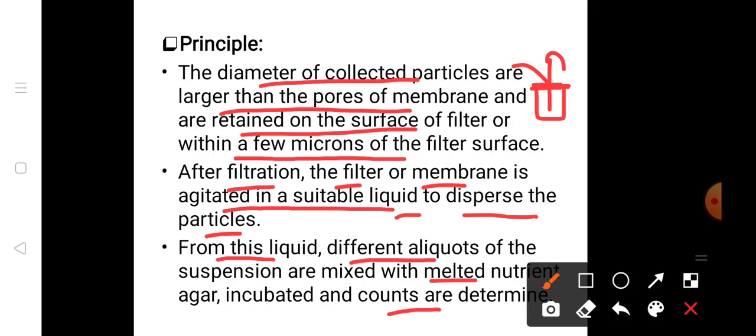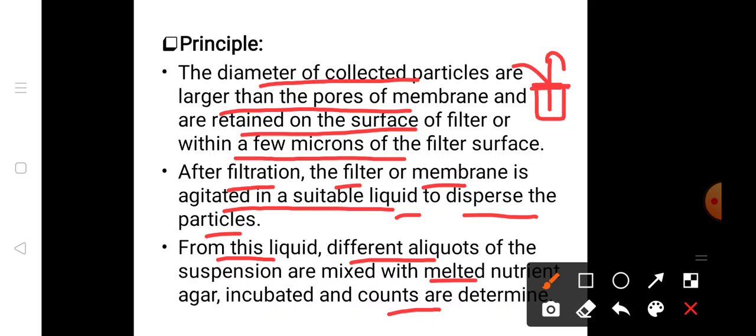Earlier we had seen sedimentation, which we had already performed. For filtration, what we have to remember is that the air containing microflora will be entrapped onto the filter. Then we take the filter and agitate it in the liquid, and the microflora entrapped on the filter will come out into that liquid.